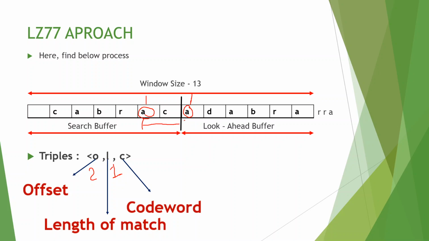Here we find the match A, and which symbol follows this match A? D. So here we write C of D. Okay. So in this triple form we encode our sequence.